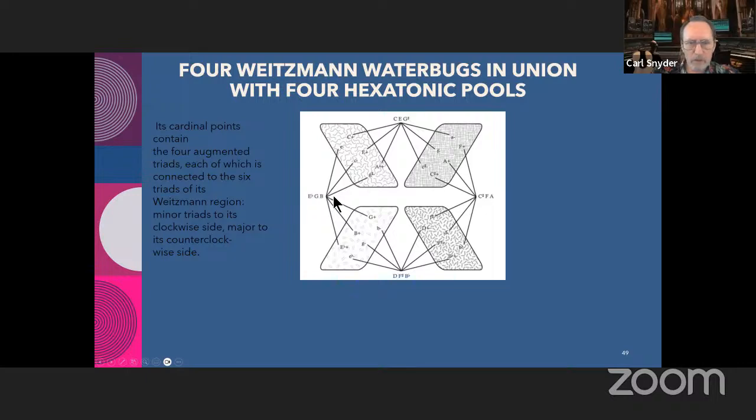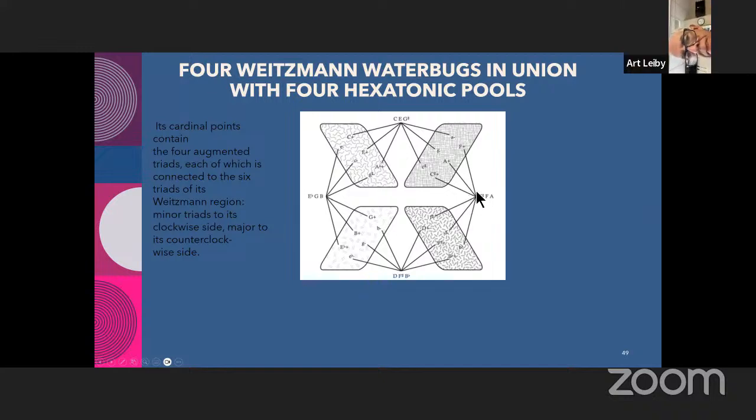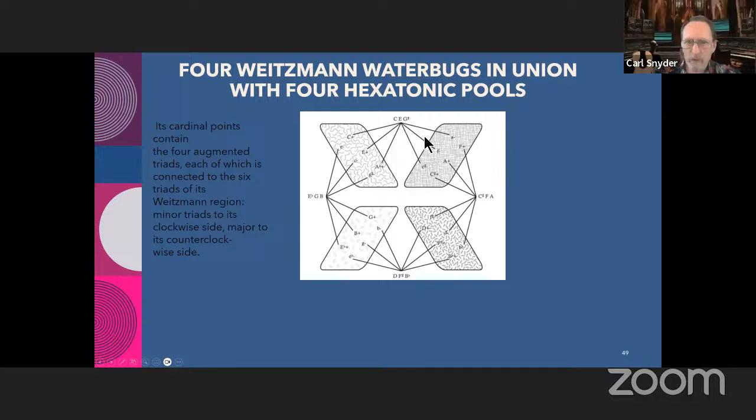Here's another augmented chord sharing the same region. Right? But different notes of the triad, same roots. And here it is over here. So you see they are all cohabiting peacefully.